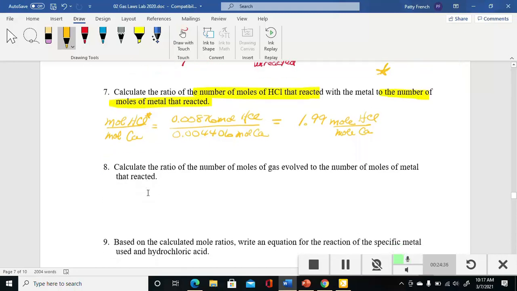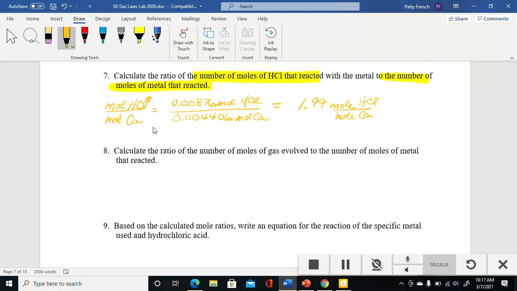Now we're going to do the last ratio, which is the number of moles of gas to the number of moles of metal. So we've got to go back to the last page again, and we found the moles of H2 were 4.726 times 10 to the minus third.